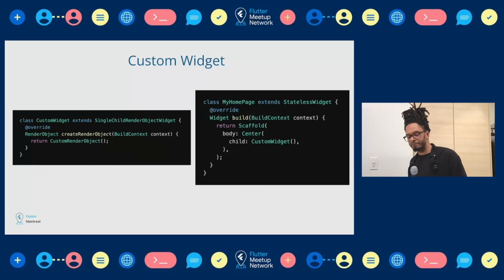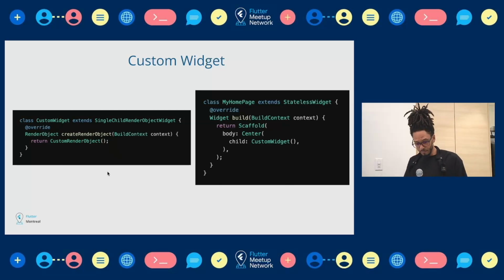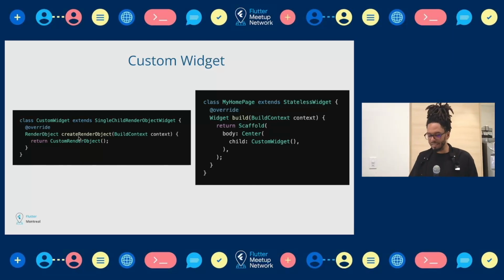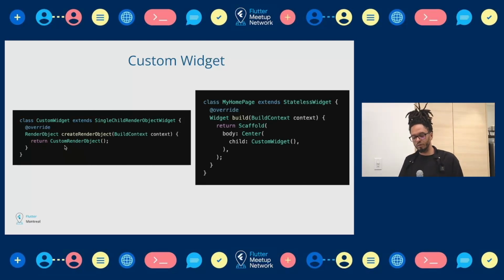You have the leaf render object widget, whichever you choose. Leaf is like the text widget, so it doesn't take any children. Then you will implement create render object, in which you will return the render object that you've previously defined. So that said, these are the 3 steps for implementing the custom render object.